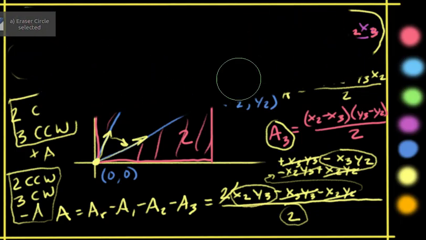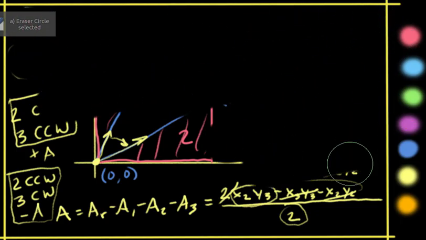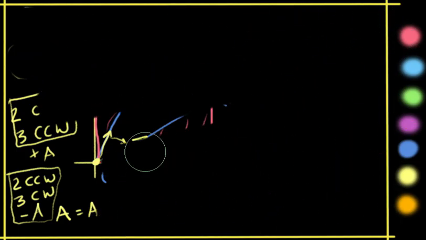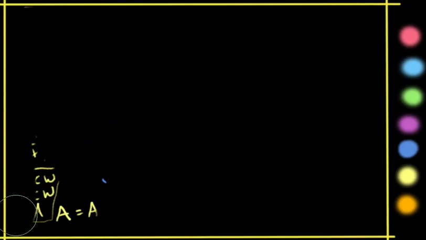All right, so we have proved the Shoelace theorem for a very specific case, and that case is where we have a triangle, and that triangle has one of its points at the origin.